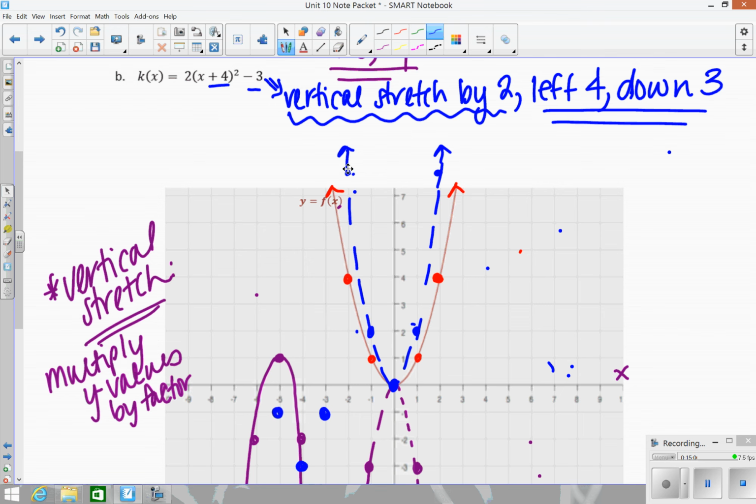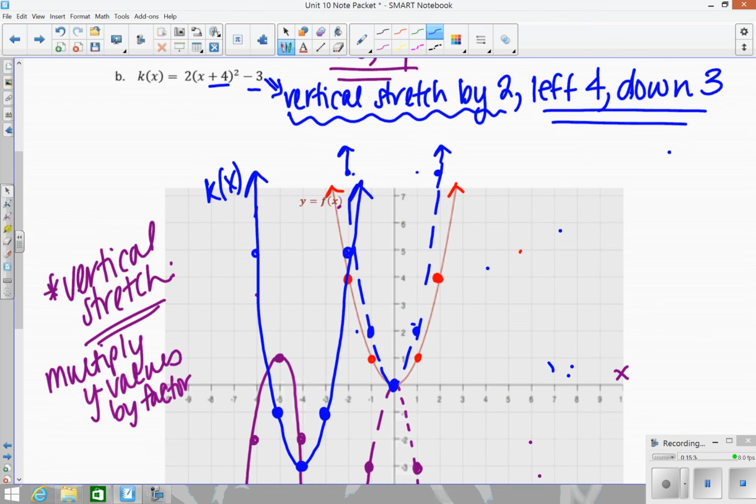And if you want, you could translate these as well. And then you can connect your graph. And this is going to be the function k of x.